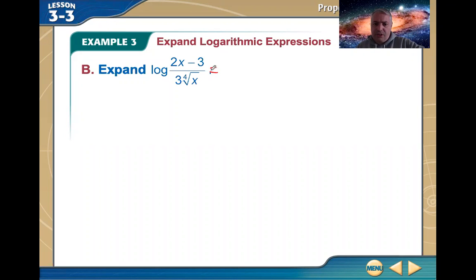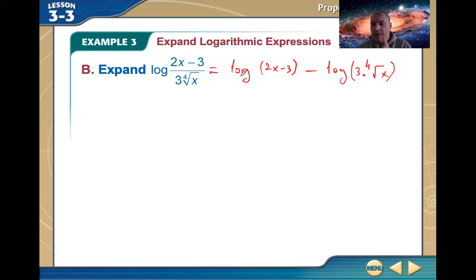This is equal to, first of all, division. Division means subtraction: log(2x minus 3) minus log(3 times the 4th root of x). Now, when you have subtraction inside of the logarithm, you cannot do anything. That's over, finished.